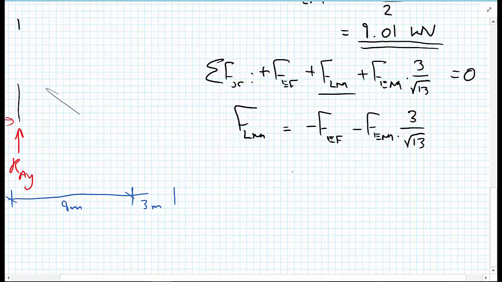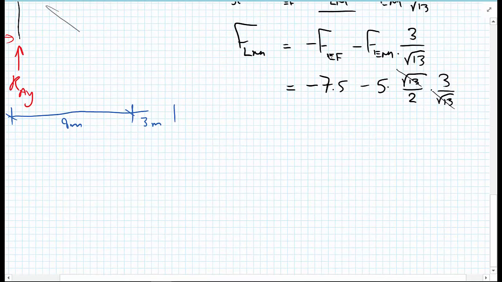And that gets us, substituting the values that we know, minus 7.5 minus 5 root 13 over 2 multiplied by the direction 3 over root 13. And it's one of the nice things, if you leave stuff in square root format, the square roots are going to cancel themselves out. And so now we get that FLM is equal to minus 15 kilonewtons.